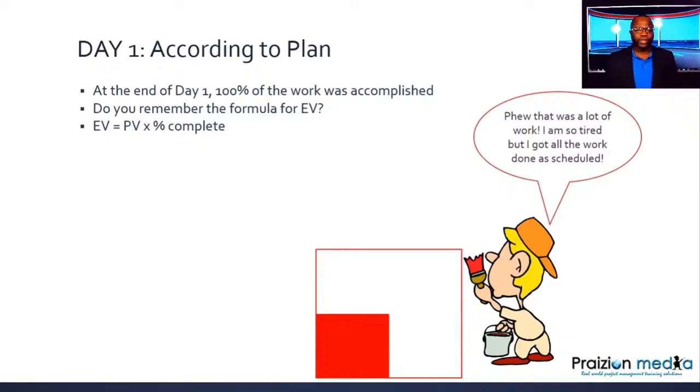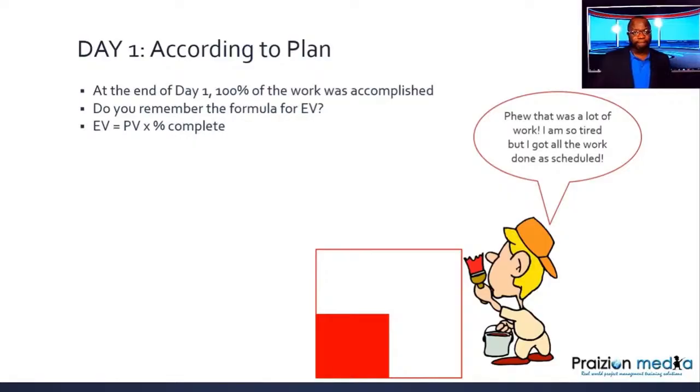Do you remember the formula for EV? EV is PV times percent complete. Okay? We could also have another formula that says from the perspective of BAC, earned value is percent complete of the BAC times the BAC. So you're looking at this image here and you can see if you're looking at PV alone, you could say, oh, 100% of the PV for day 1 was done.